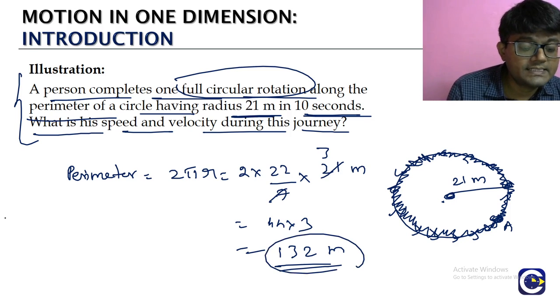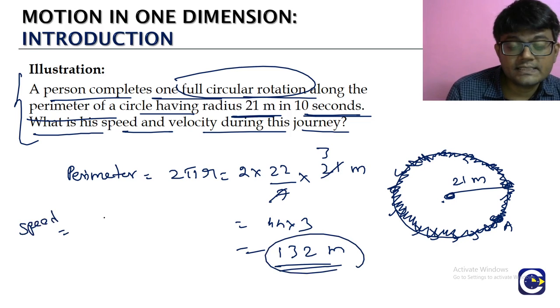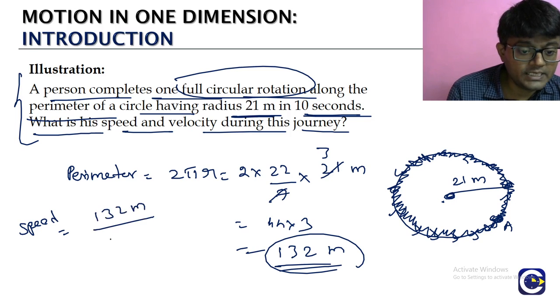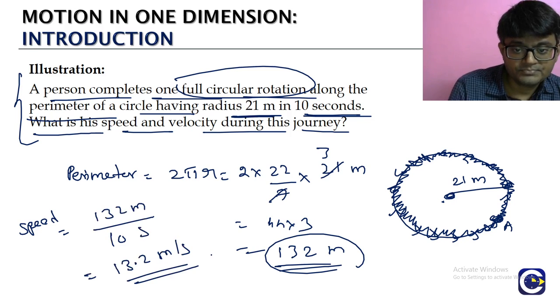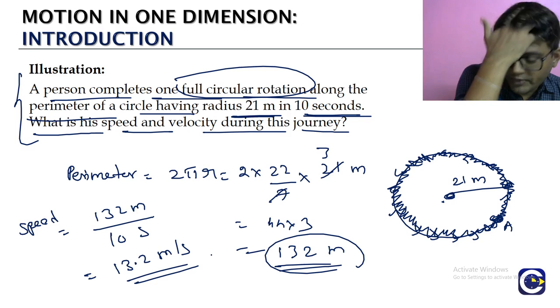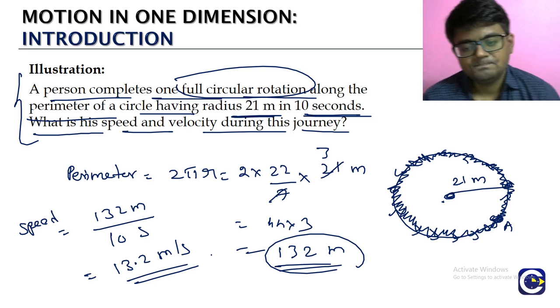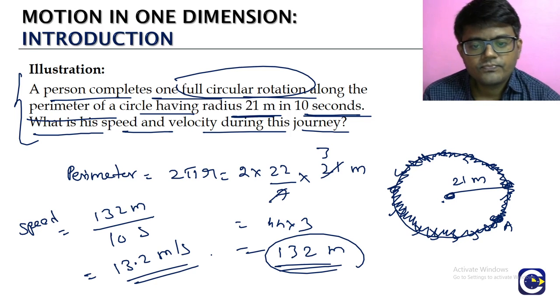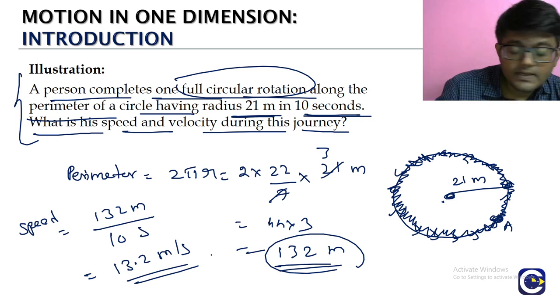What about his speed? Speed is the total distance covered divided by the time taken, which means 132 meters divided by 10 seconds. How much is it? 13.2 meters per second. So this is the speed.